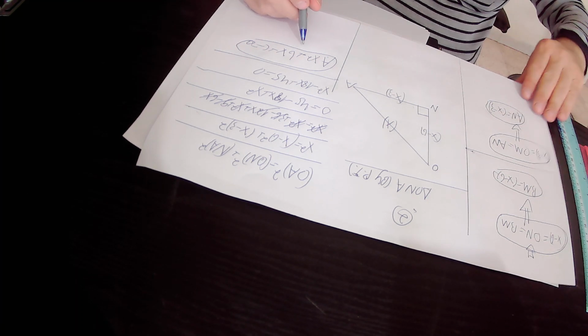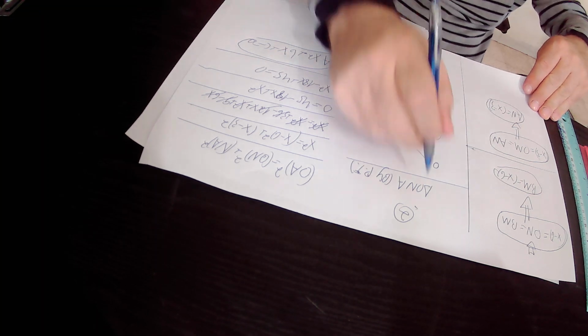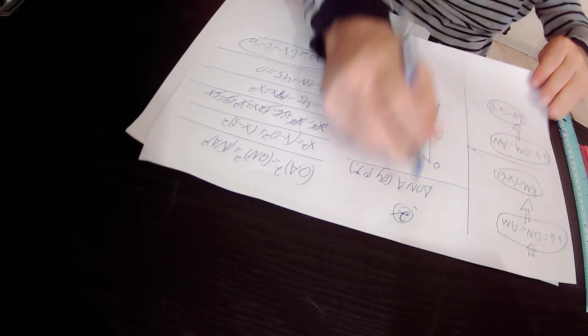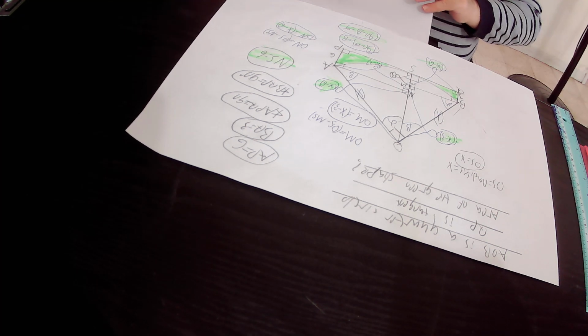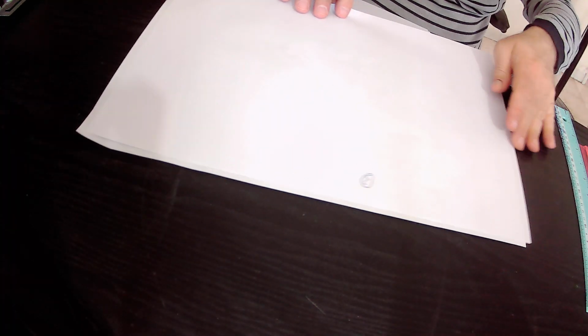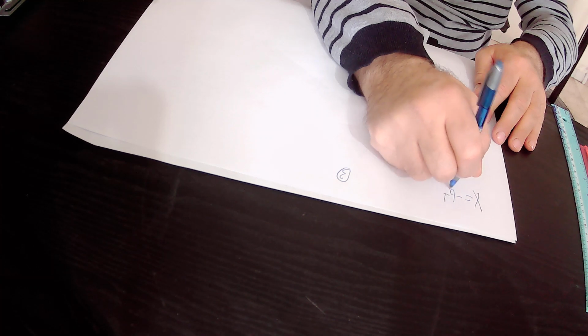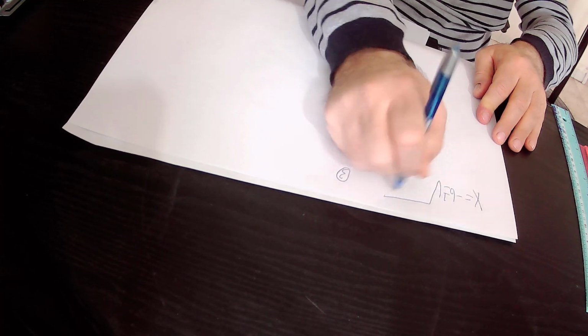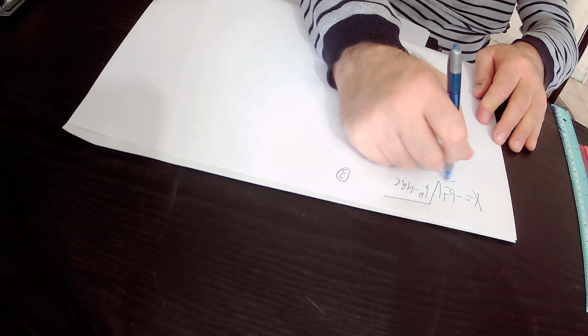And we find the value of x according to the following formula: x equals minus b plus or minus the square root of b squared minus 4ac, over 2a.